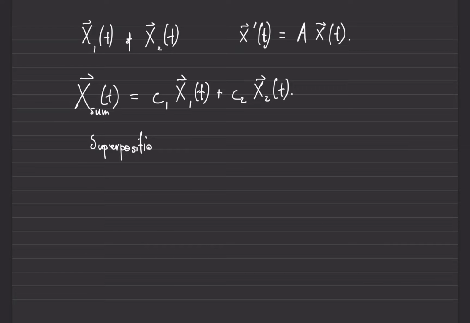The reason why I mentioned this is that sometimes this matrix here has more than one eigenvalue and more than one eigenvector.